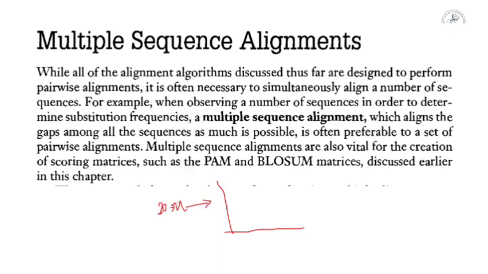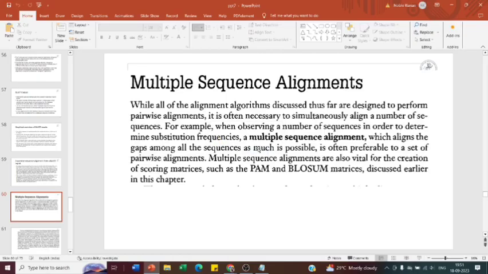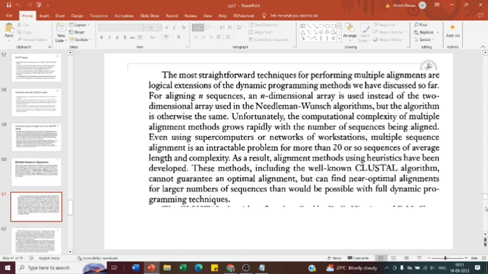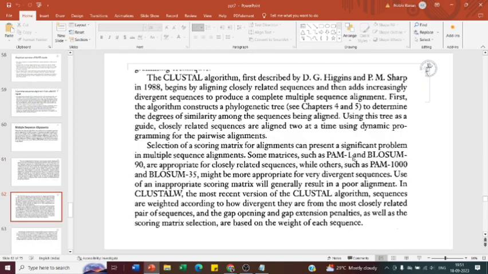I will tell that. When we go with a dynamic programming algorithm for multiple sequence alignment, comparing more than 2 sequences, we use an n-dimensional array. We usually use a 2-dimensional array in the Needleman-Wunsch and Smith-Waterman algorithms which we have seen today, and in multiple sequence alignment we use an n-dimensional array.